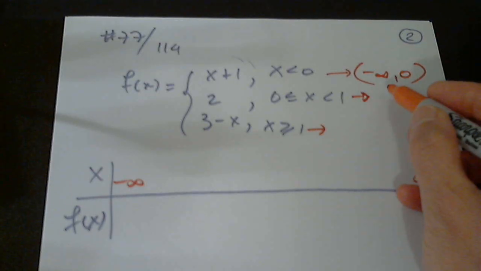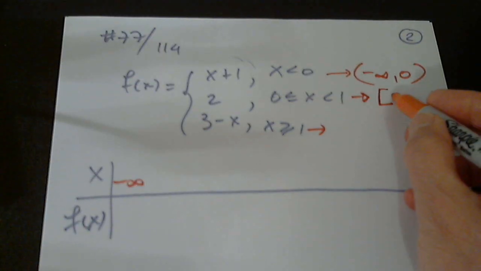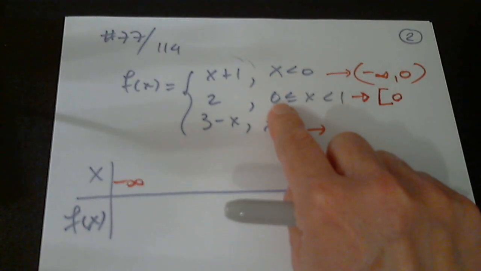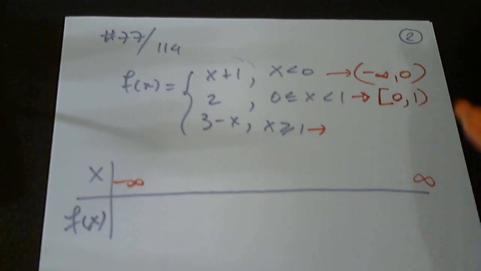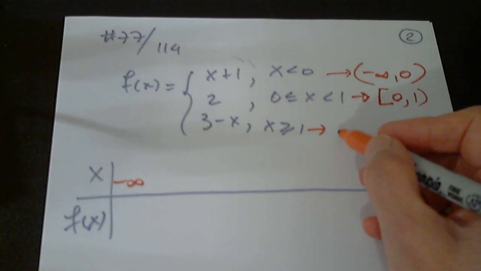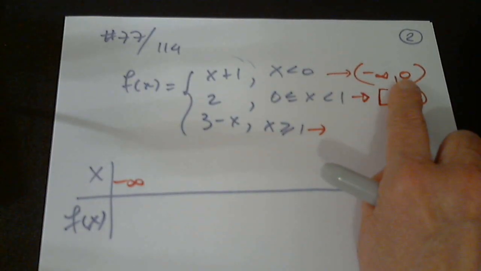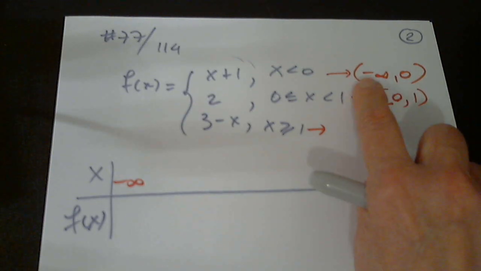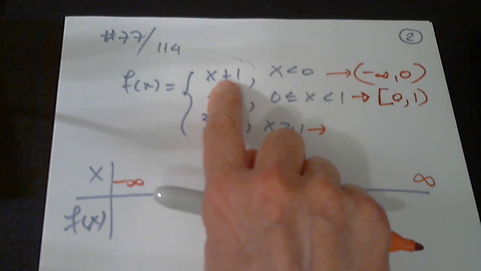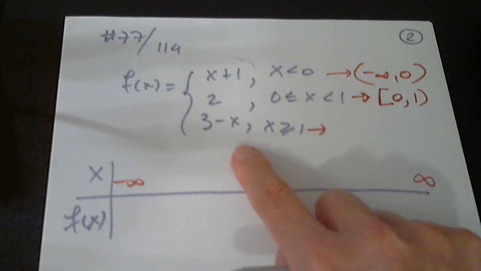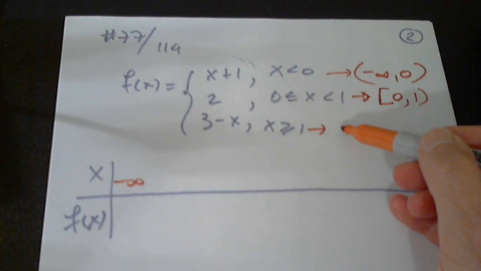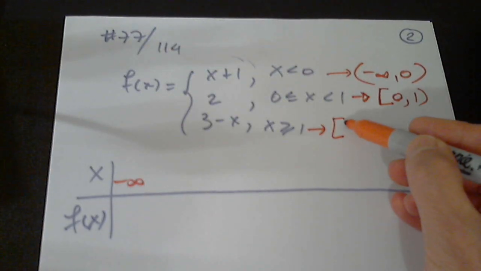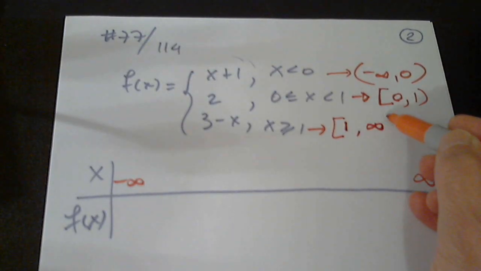Would it be bracket negative infinity, 0 to 1? No, 0 comma 1. So it wouldn't be negative infinity in there. For negative infinity to 0, it's already done. Okay, good. Now here. Would that be brackets 1, comma, infinity?